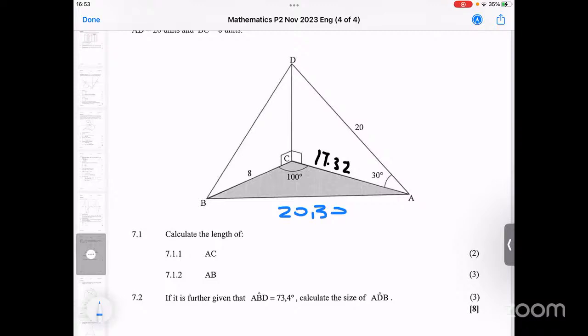So that means it is this angle. This is the angle that they are looking for. You can name it alpha if need be.